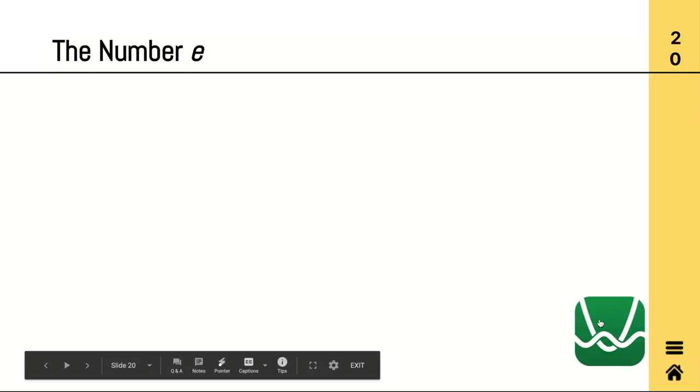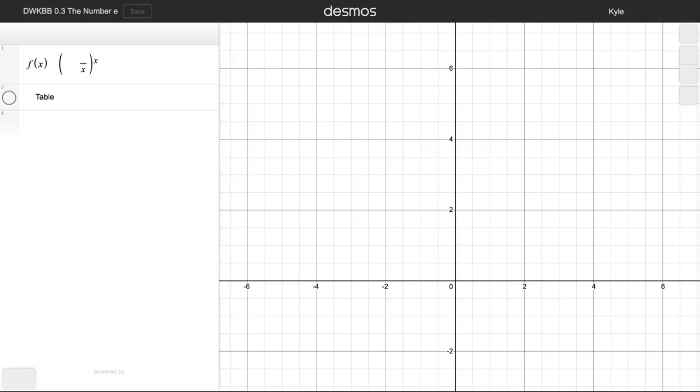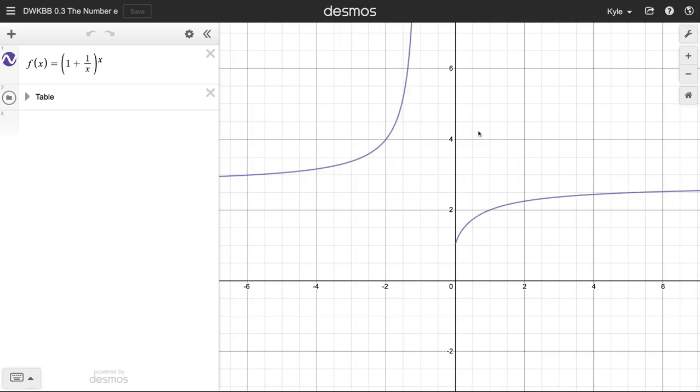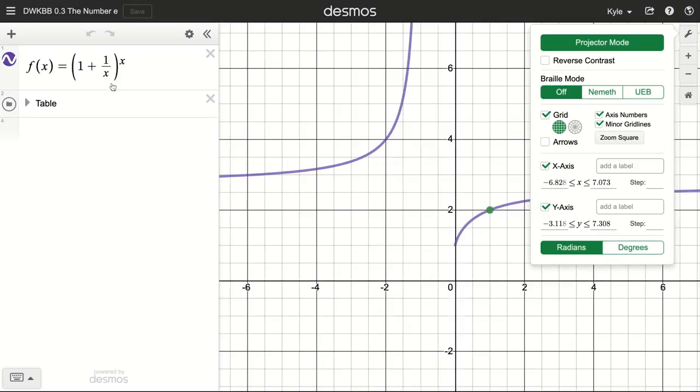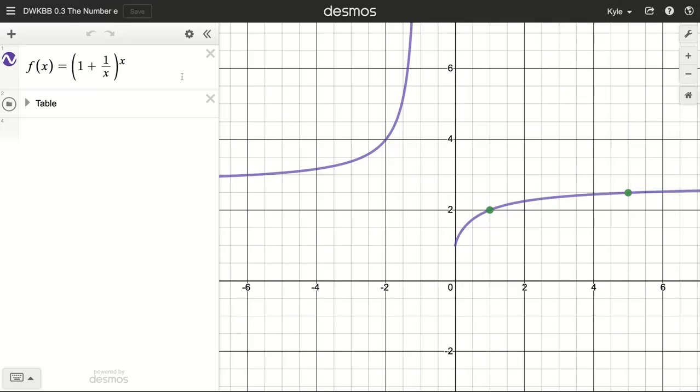So let's clear the screen, move back to the mouse, click that Desmos link, and change our focus over to the Desmos tab. All right, so the purple graph that you can see here represents what we were just talking about, that interest rate portion. We want to take a look at what happens as the number of compounding periods gets bigger. This x value here, we've talked about quarterly, yearly, and monthly compounding.